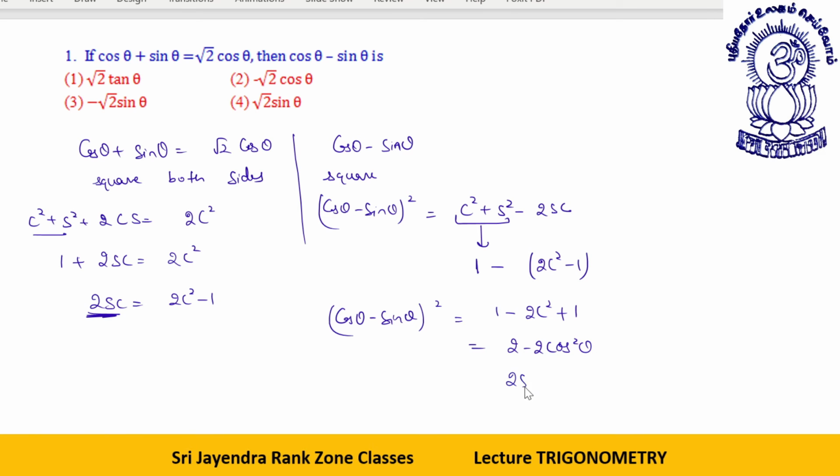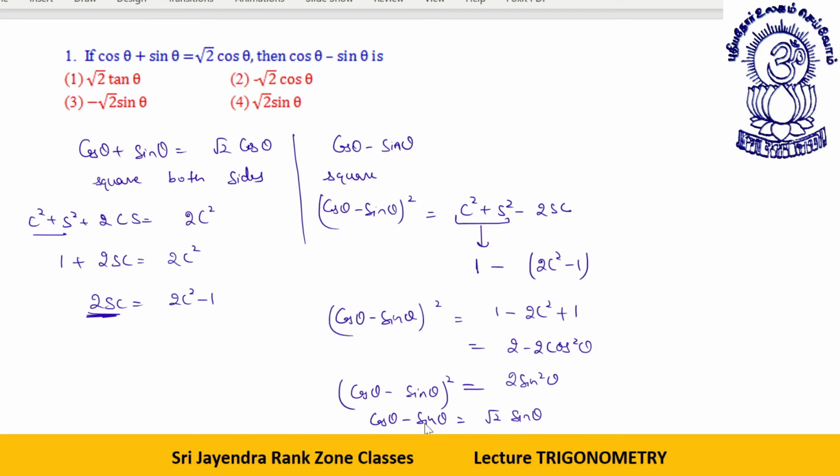This is 2 sine square theta. So cos theta minus sine theta squared is equal to 2 sine square theta, or cos theta minus sine theta is equal to root 2 sine theta.